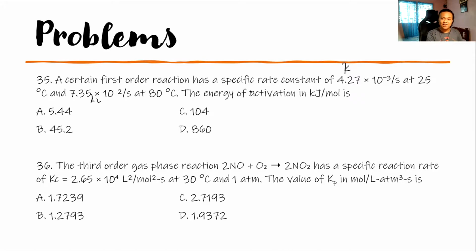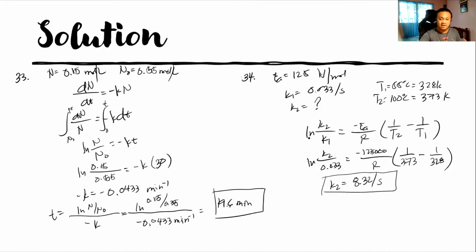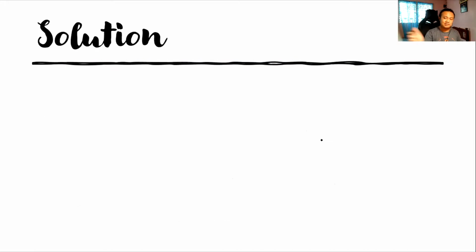The energy of activation, so activation energy in kJ per mole is, so ang what we're finding now is the activation energy, so the EA, diba? So EA na siya. So let's use this Arrhenius equation to find our EA.